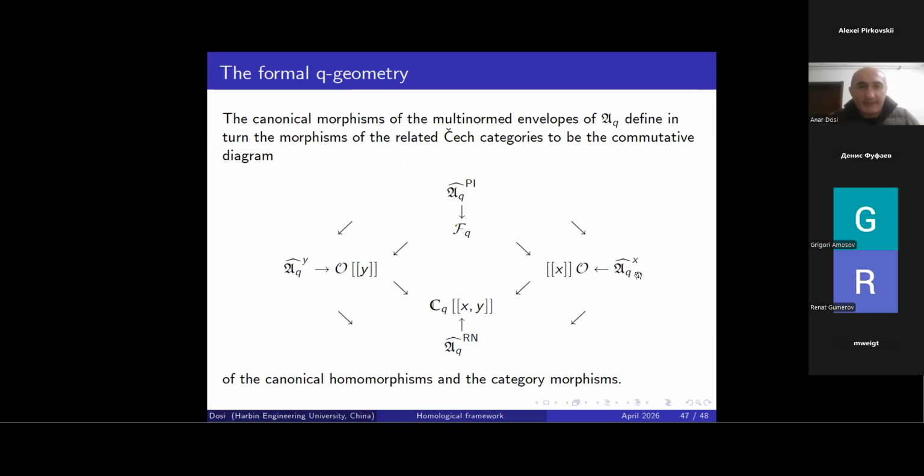So pi acting to left, to Y envelope, also to X envelope, all results in the Rn envelope. Inside, we have the categories. So they're all morphisms of the categories here, or geometries, right? They all link to each other. So there are Oleg's envelopes here from outside, and inside there are geometries.